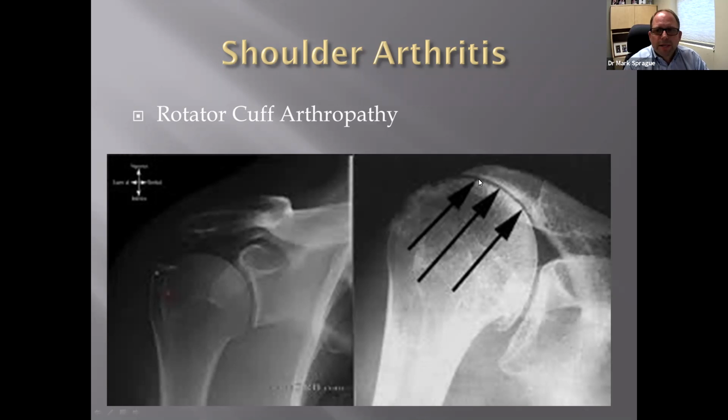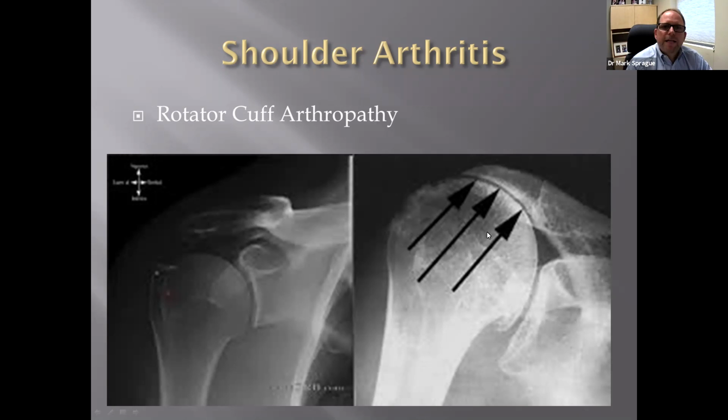And it can actually wear away the undersurface of the acromion, and the acromion is that top part of your shoulder here. So the humeral head can migrate up and in and wear the upper part of the socket and wear away the acromion. Again, we call that rotator cuff arthropathy.